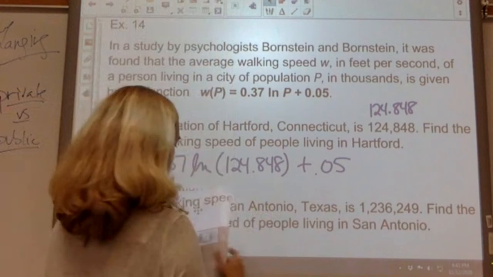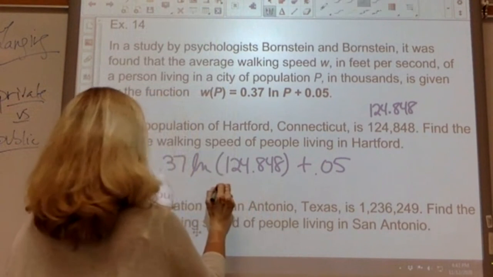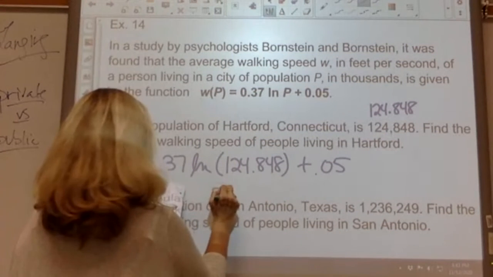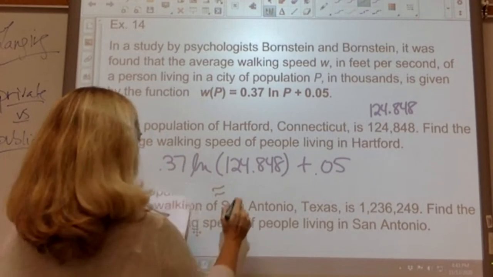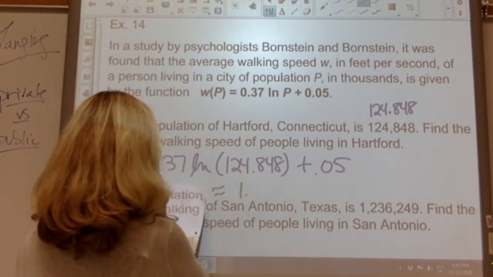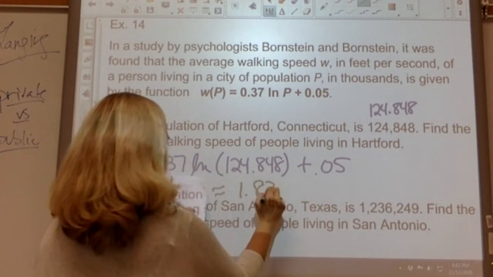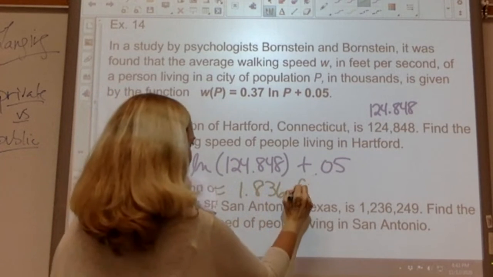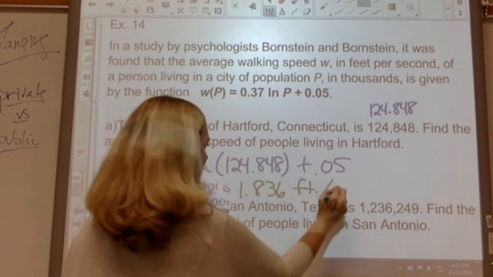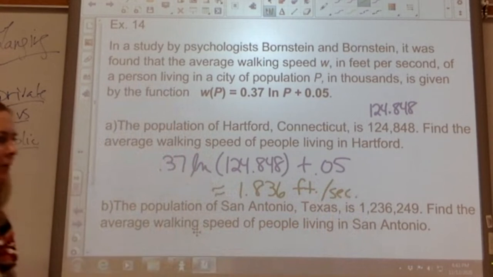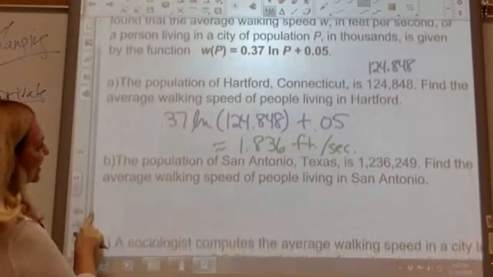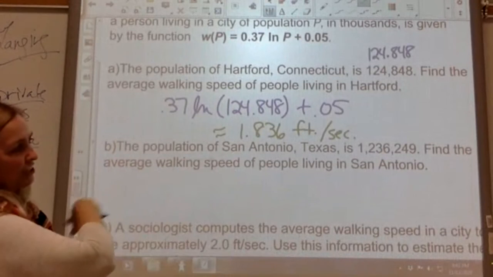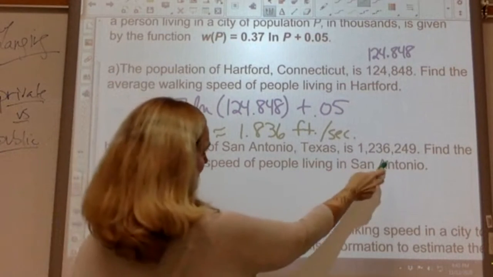And so this ends up equaling about 1.836. And this is feet per second. Okay? And you probably think, who in the world would do a study of this? But they did. All right, so now they give us San Antonio, Texas that has this population.